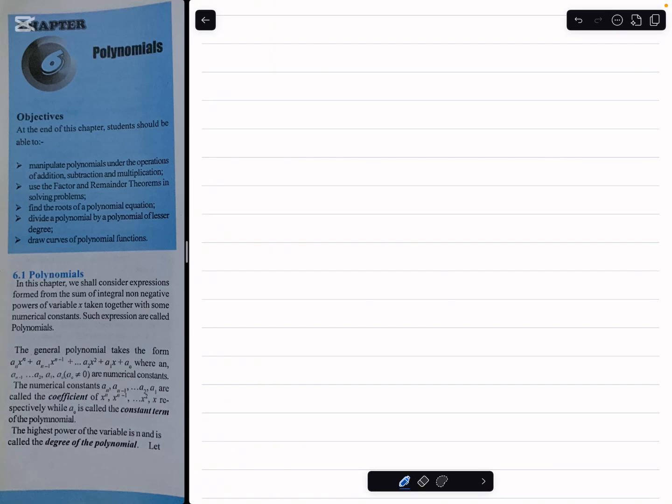Now we go to division of polynomials. If you divide a polynomial of degree n by another polynomial of degree m, then the result is going to be a polynomial of degree n minus m.